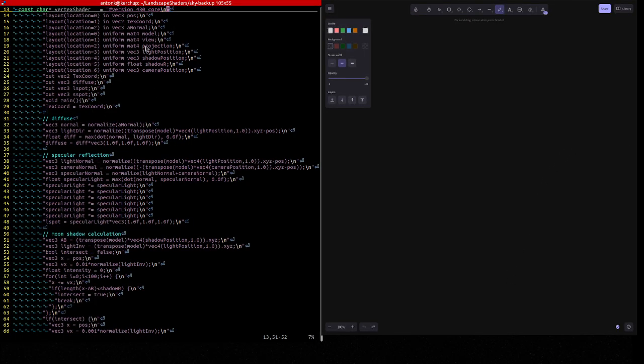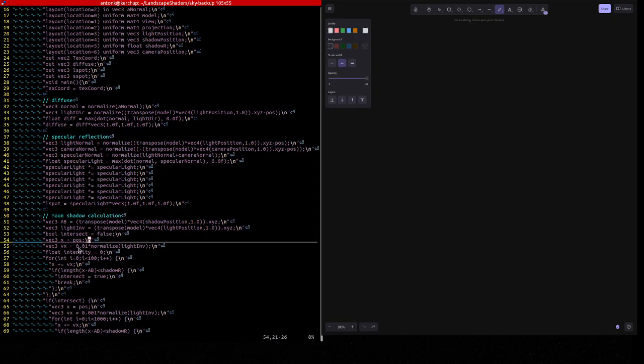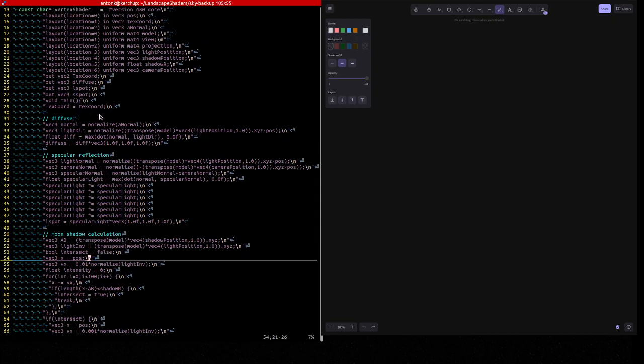Okay, so the shader consists of three different effects. You have diffuse light, you have specular reflection, and then you have the moon shadow calculation. So we get the normal of the vertex.